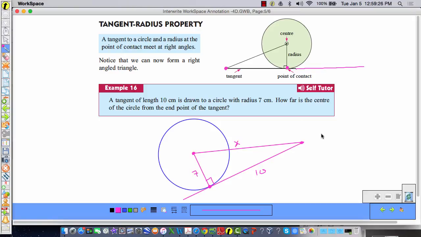Don't you love Pythagoras? X squared is going to equal 7 squared plus 10 squared. X squared is going to equal 149. So my length x is going to be the square root of 149, and we're still in centimeters. So that's the distance from the center to the end point of the tangent.